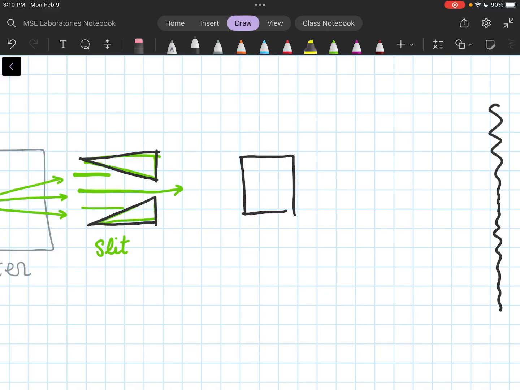So next we're going to have something called the CBM, or Common Beam Mask. Why is it called this?